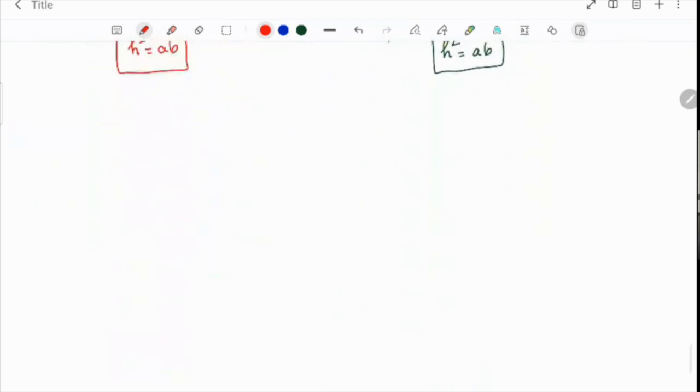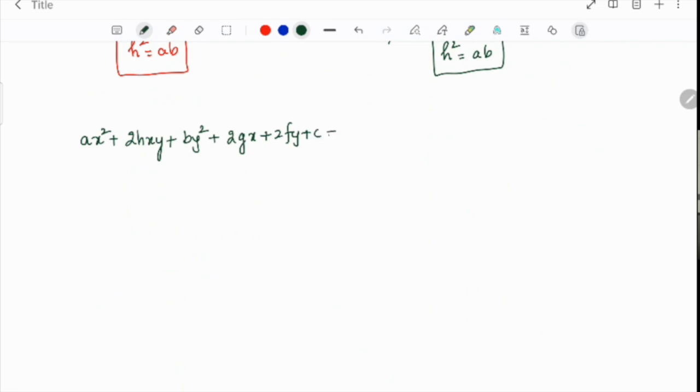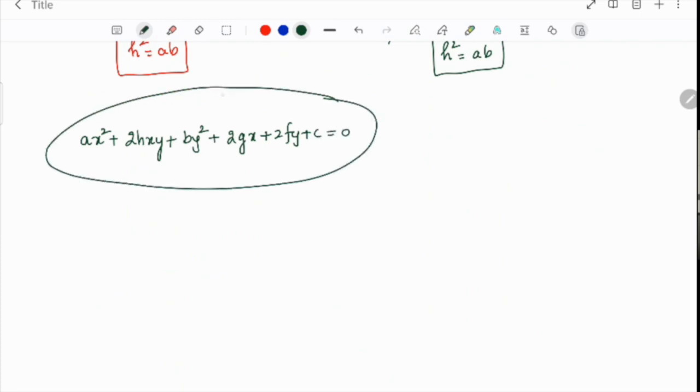Let's write all the conditions here once. ax² + 2hxy + by² + 2gx + 2fy + c = 0. This is the general second degree equation. When is it representing a pair of straight lines? When delta is equal to 0.